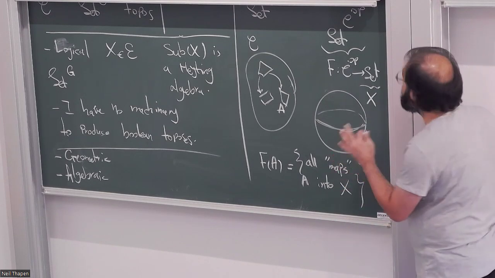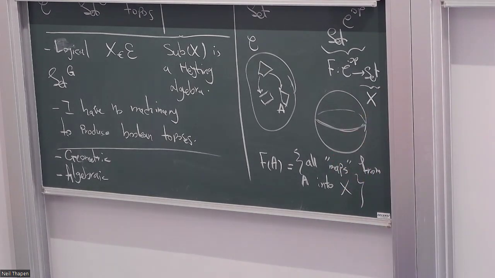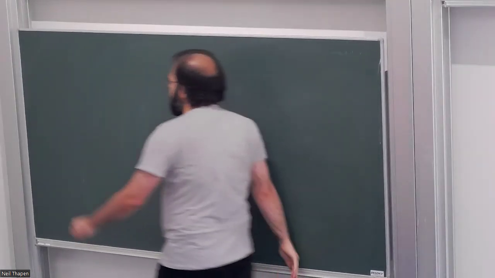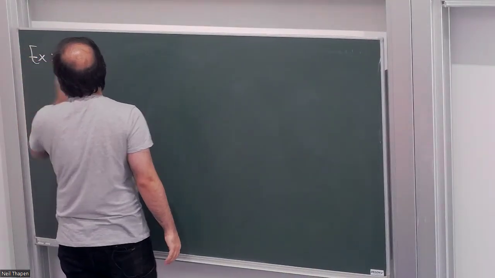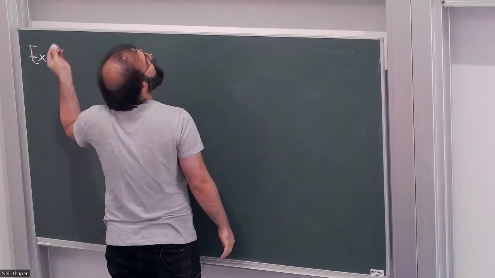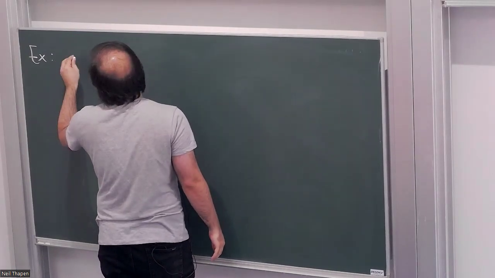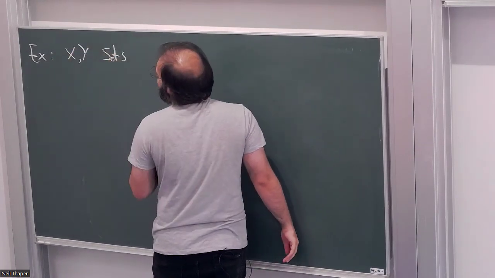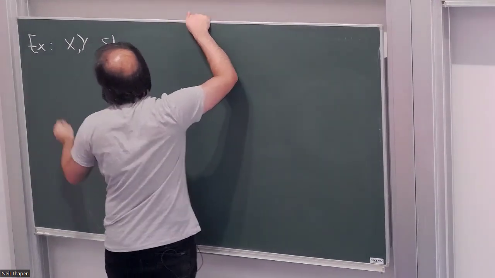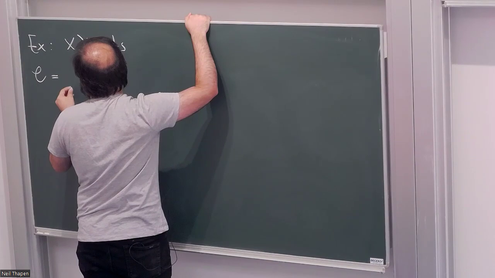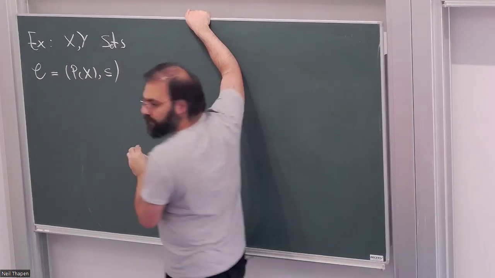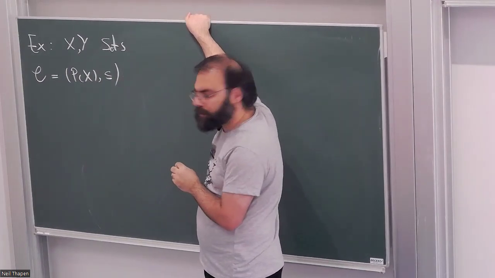So I have to explain this more. Let's think like this. For example, let's say that I have two sets, X and Y. These are just sets, right? And my C is just the power set of X, all the subsets as a poset, which is a category.